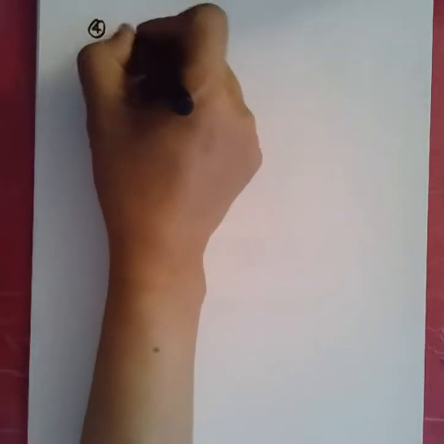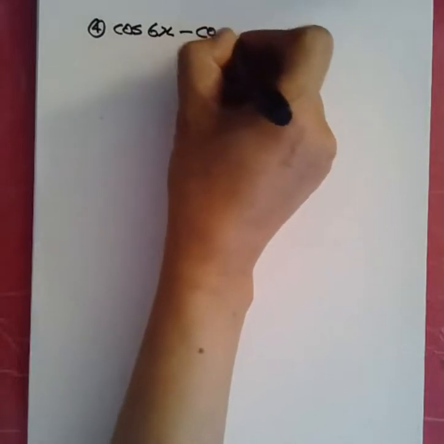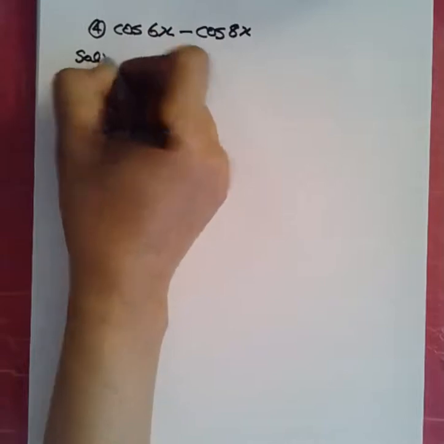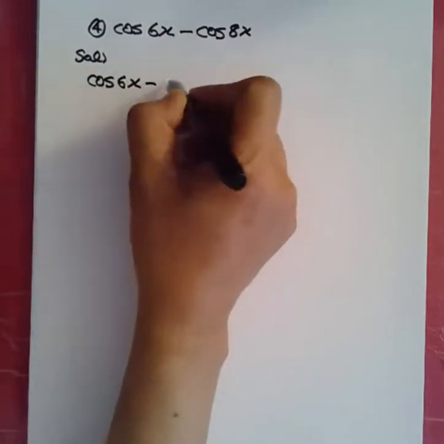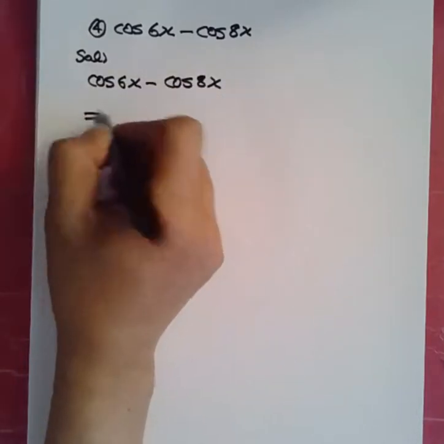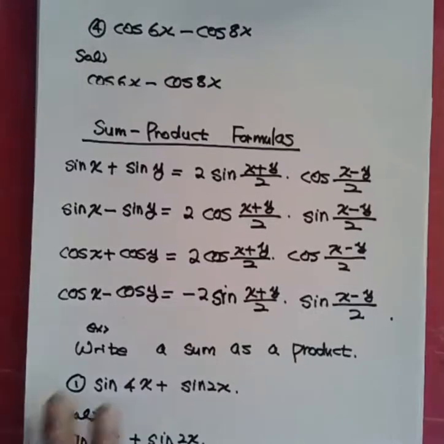The next problem is cosine of 6x minus cosine of 8x. We have to use the last formula.